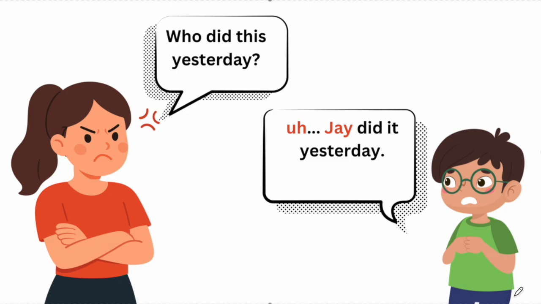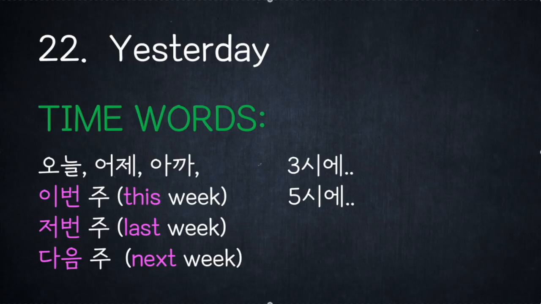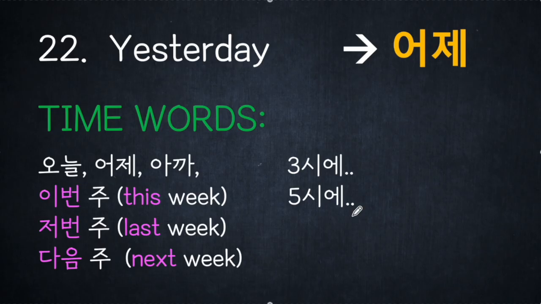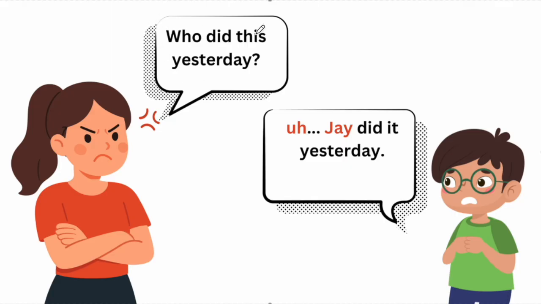So the word for yesterday is 어제. Yesterday is 어제. Please remember, who did this yesterday? Jay did it. So remember the story. Of course, it's not actually 어제 in the story.